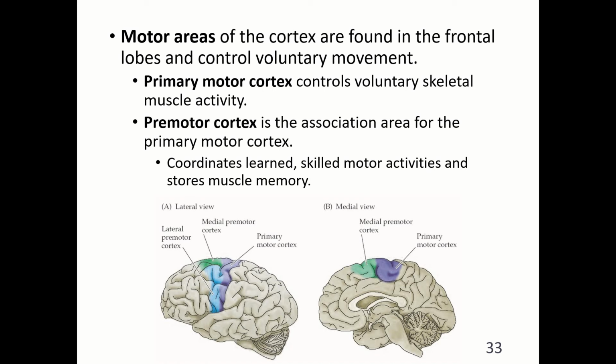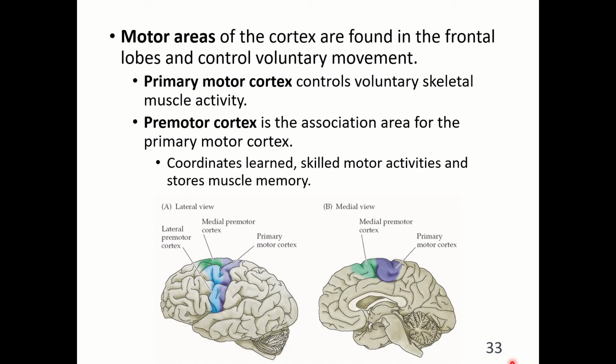Motor areas of the cortex are found in the frontal lobes and control voluntary movement. The primary motor cortex controls voluntary skeletal muscle activity. The premotor cortex is the association area for the primary motor cortex. It coordinates learned, skilled motor activities and stores muscle memory.